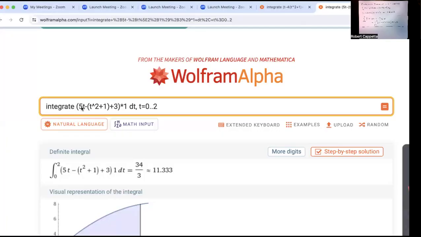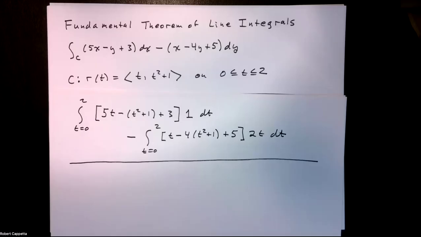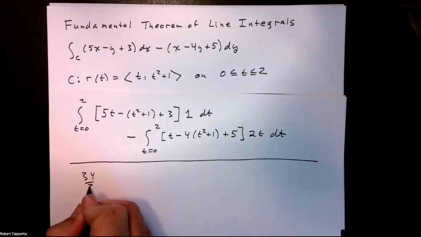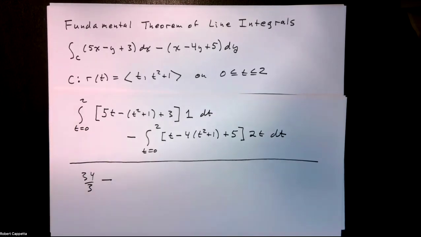So the first integral, 5t minus t squared plus 1 plus 3 times 1 dt as t goes from 0 to 2, and Wolfram Alpha gives us 34 thirds, so let's write that down. So we have 34 thirds minus, what will the second one be?